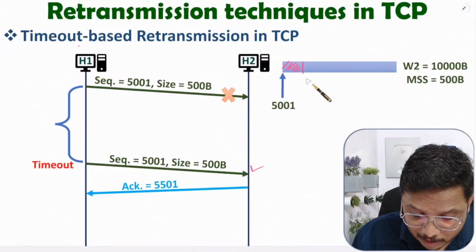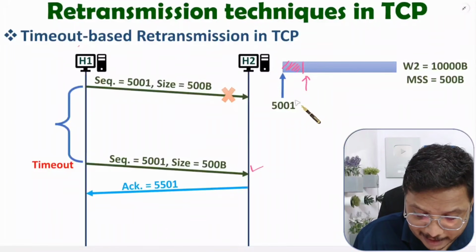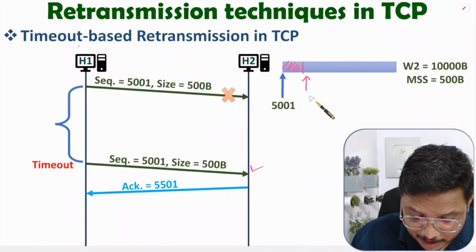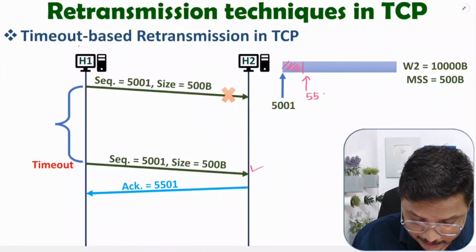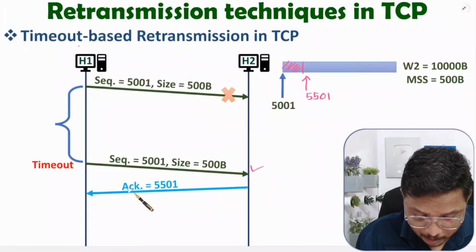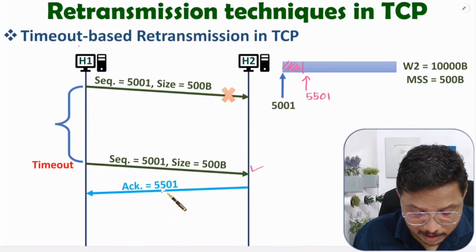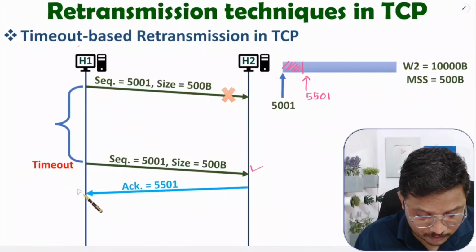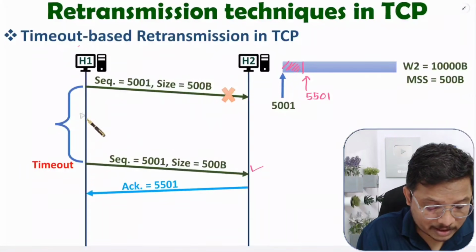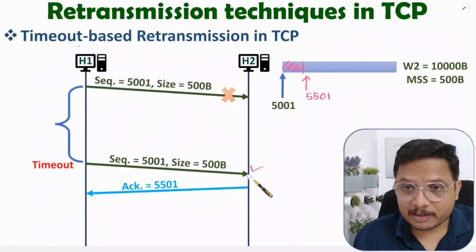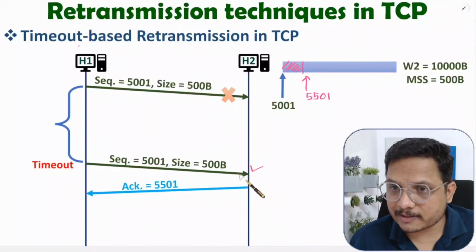H2 will say, now I'm waiting for the sequence number that is this plus 500, so that will be 5501. And as this acknowledgement is received successfully, H1 will have the idea that the retransmitted frame has been received by H2 successfully.